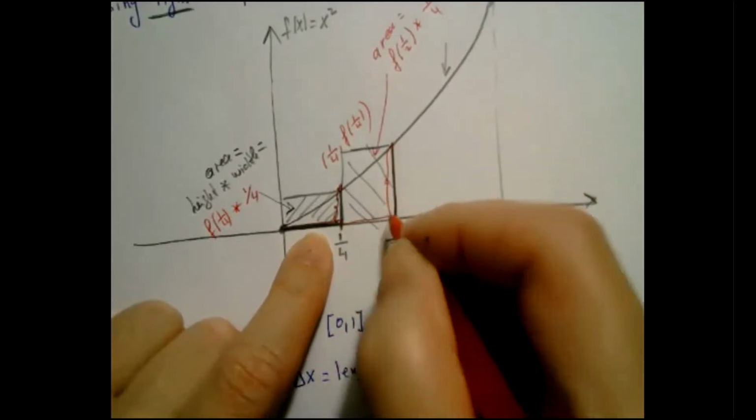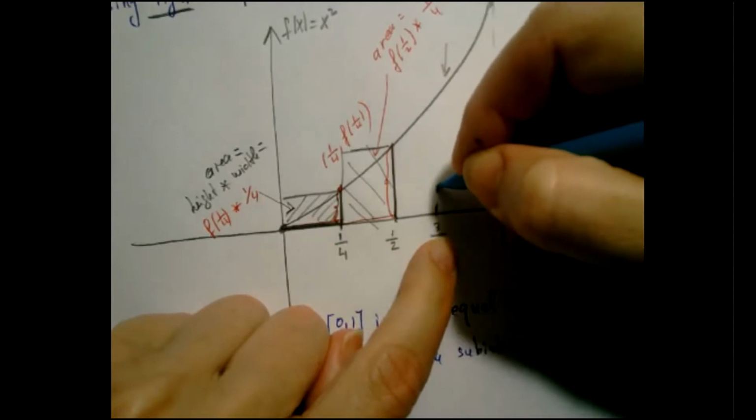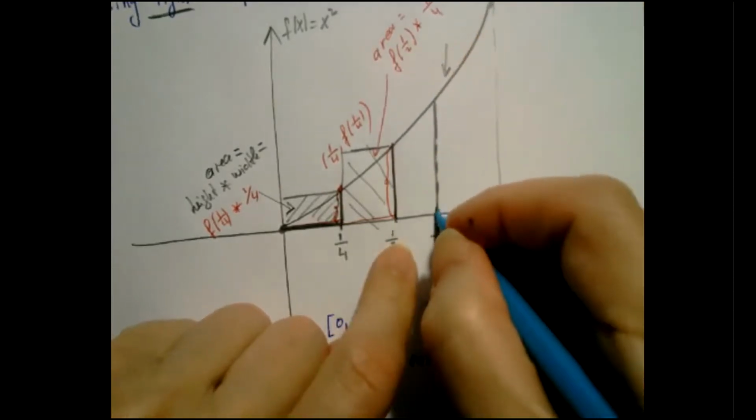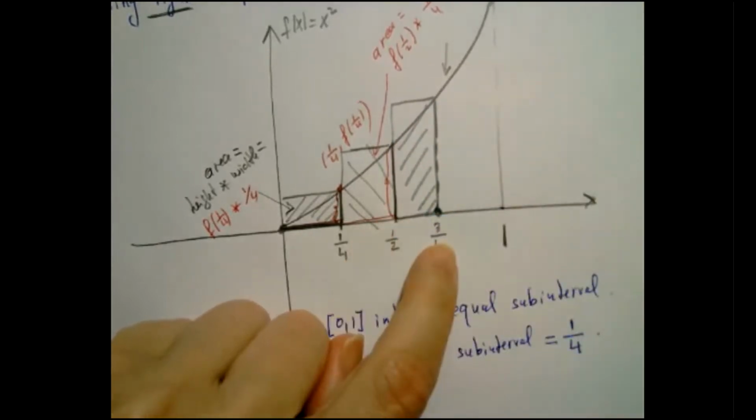It's the height times the base. Then I'm going to keep going and take another rectangle. Again, I take for height the value of the function at the right point of the interval. And that's my third rectangle.